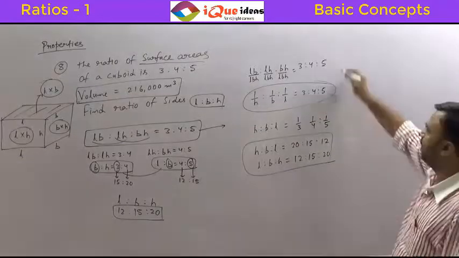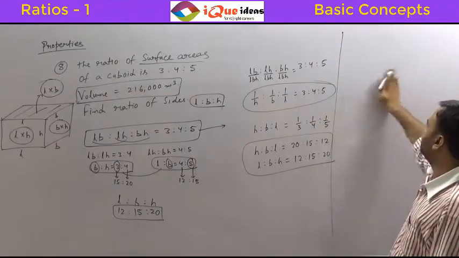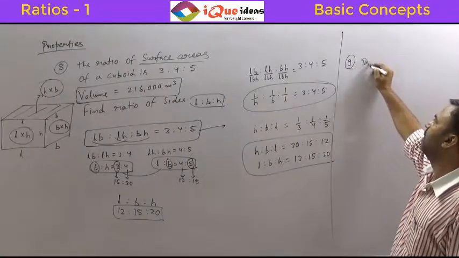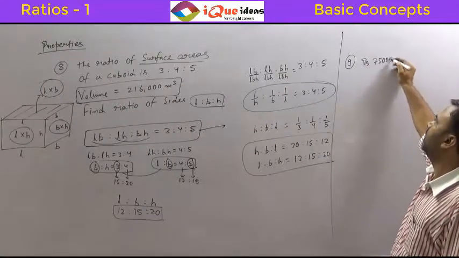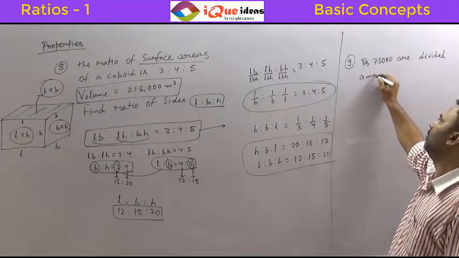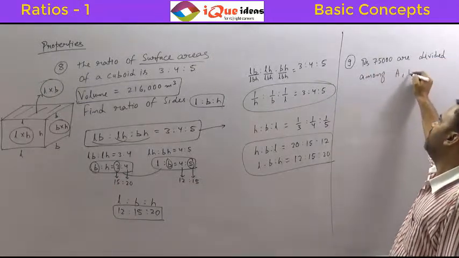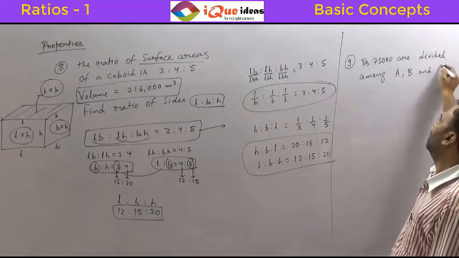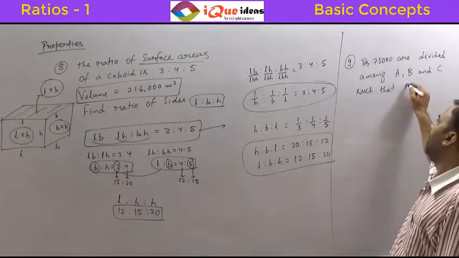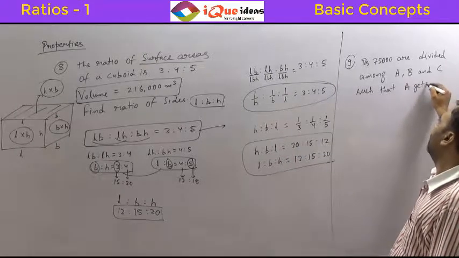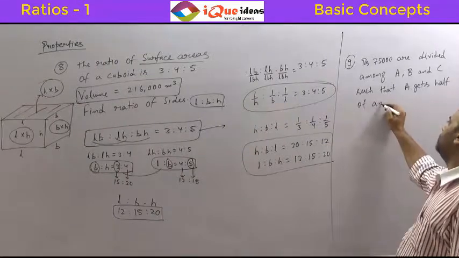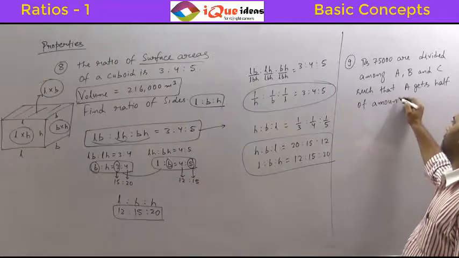Alright, it's a question of actually division. It just came to my mind. Rupees 75,000 are divided among A, B and C such that A gets half of the amounts of B and C together.